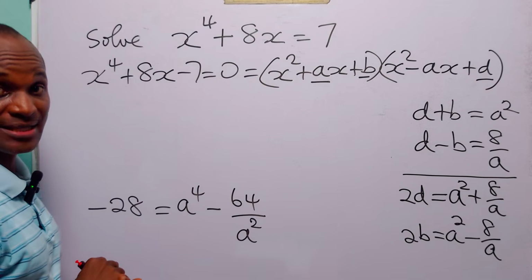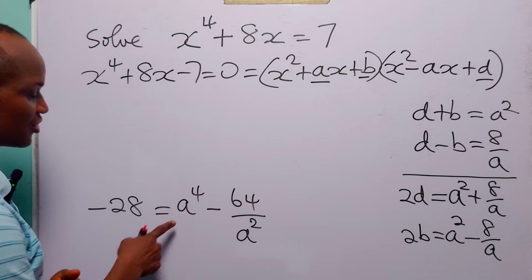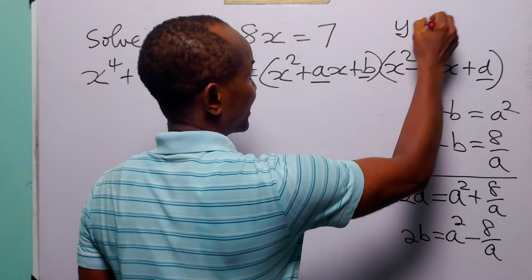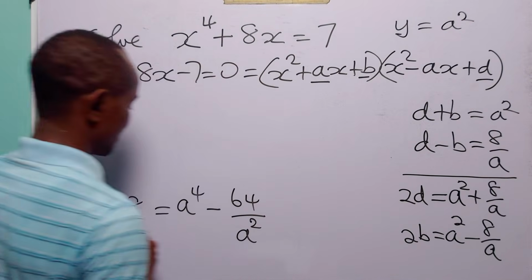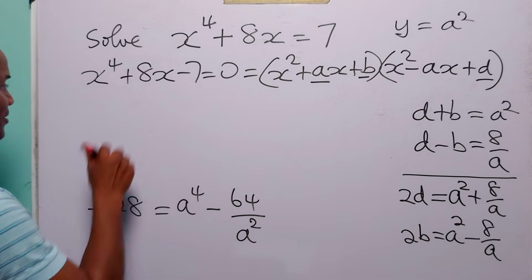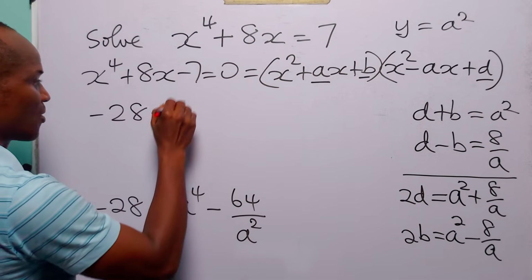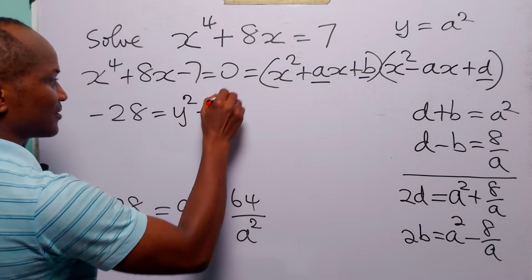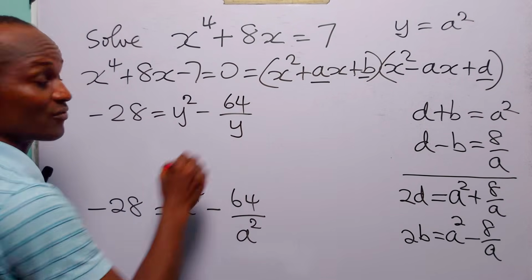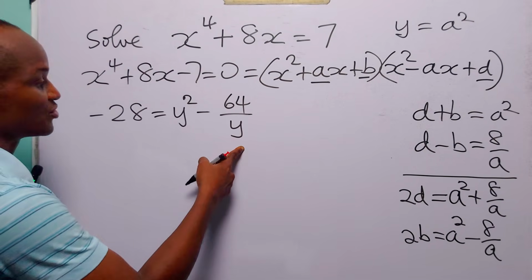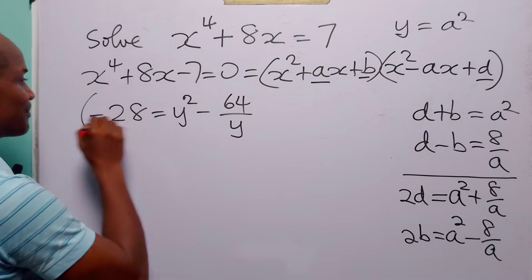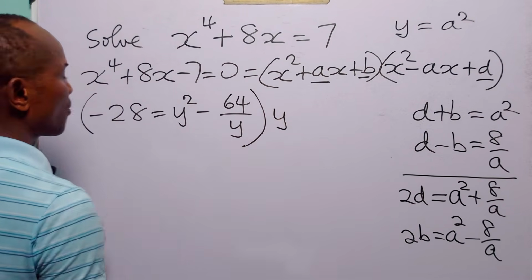Now to simplify this equation, let us do another substitution. Let y be equal to a squared. That means that we can write this equation as minus 28 is equal to y squared minus 64 over y. To get rid of this fraction, let us multiply through this equation by y.